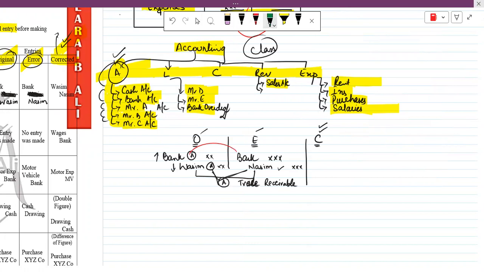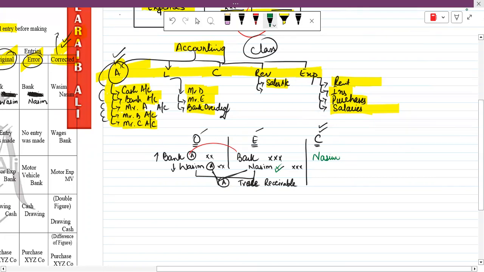Nasim's account was wrongly credited here. So we will debit his account so that his account would be increased again. So Nasim's account would be increased and written on the debit side.